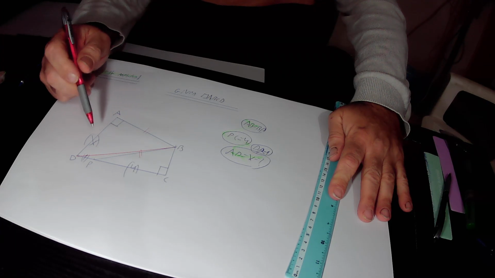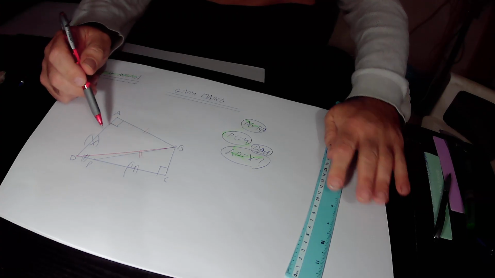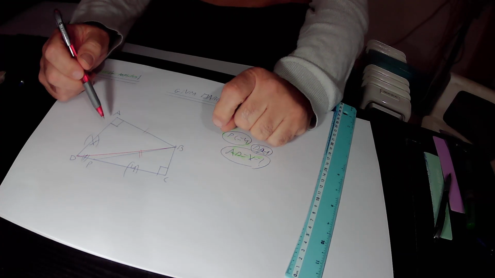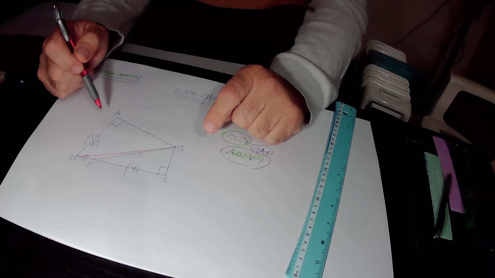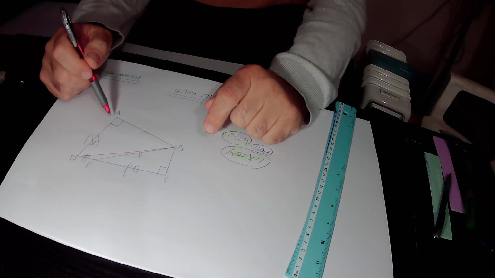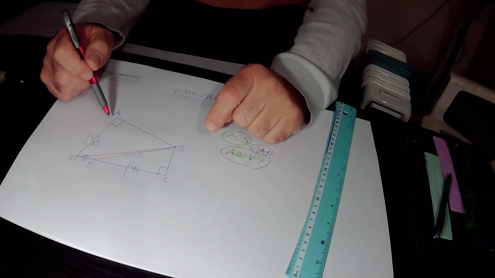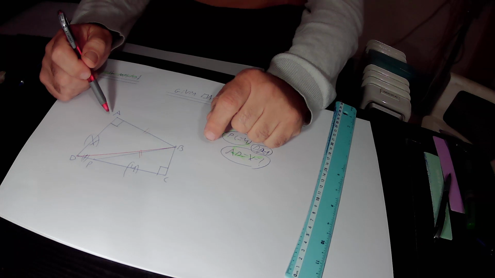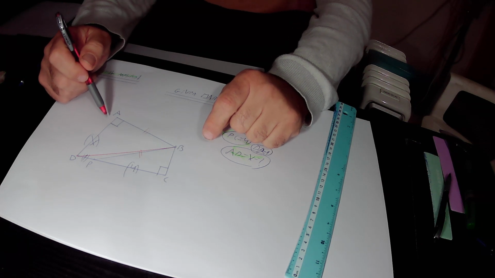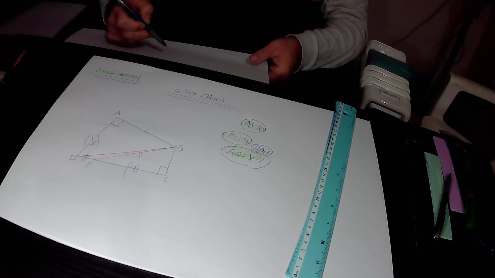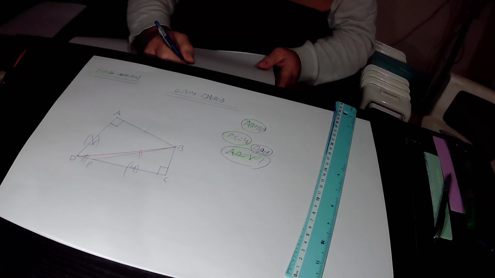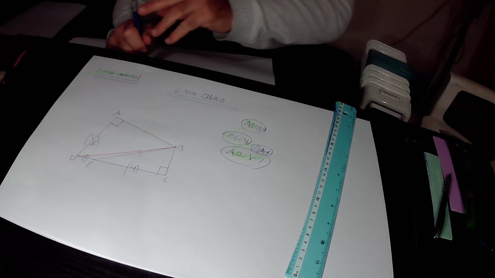The first part is the right triangle ADB, and the second part is the right triangle DBC. So we will implement the Pythagoras theorem on both right triangles, ABD and BCD. First of all, we will implement the Pythagoras theorem on this upper right triangle, triangle ABD. According to the Pythagoras theorem, in any right triangle, the square of the hypotenuse equals the sum of the squares of the perpendiculars. So here PT is the abbreviation for Pythagoras theorem.